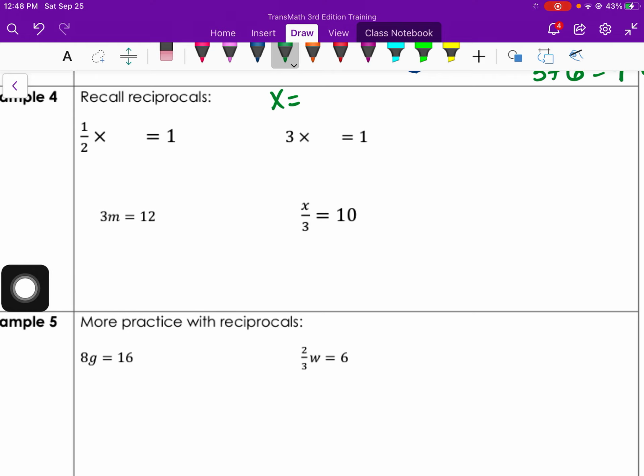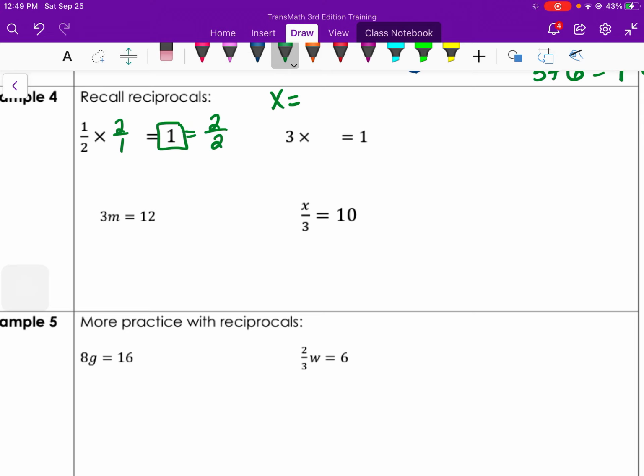And so to get a whole number or a fraction to equal 1, you have to multiply by the reciprocal. So if I want to multiply 1/2 by something to equal 1, I would multiply 1/2 by 2 over 1. Because when you multiply 1/2 by 2 over 1, it equals 2 over 2, multiply straight across, and that simplifies to 1, and that's what we want.